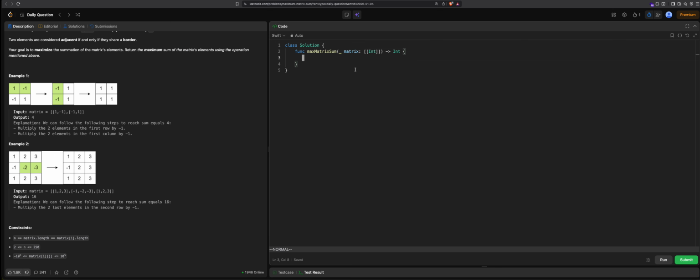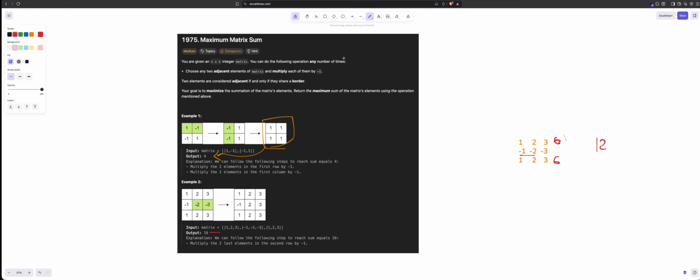To decide that, the best approach is to keep track of the absolute sum, the total sum of each row, and the minimum absolute value. Let's say we have a negative number in here, what could be the minimum absolute value that could appear?